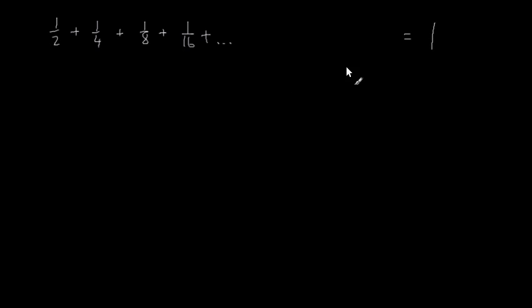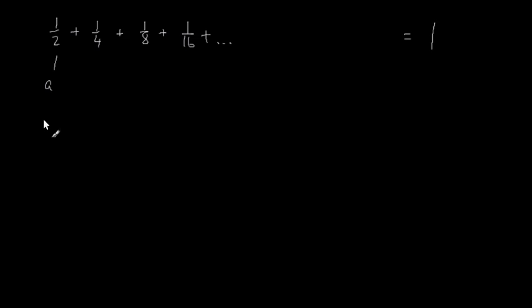So I'm going to add up an infinite number of terms. Let's see how we can apply the formula that we've just seen for the sum to n terms of a GP. Now this is a GP, because if I think of this as the first term a, then each time I multiply by r, by a half, to get the next term.